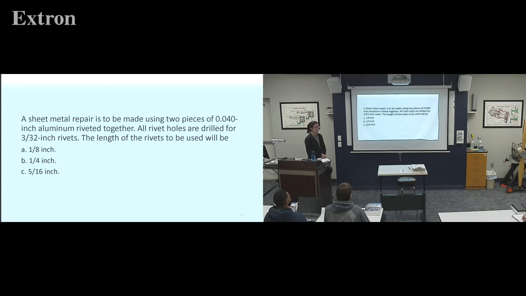So what is the formula for length? Anyone? I think I heard 1/8 inch. Thickness plus 1.5 times D.